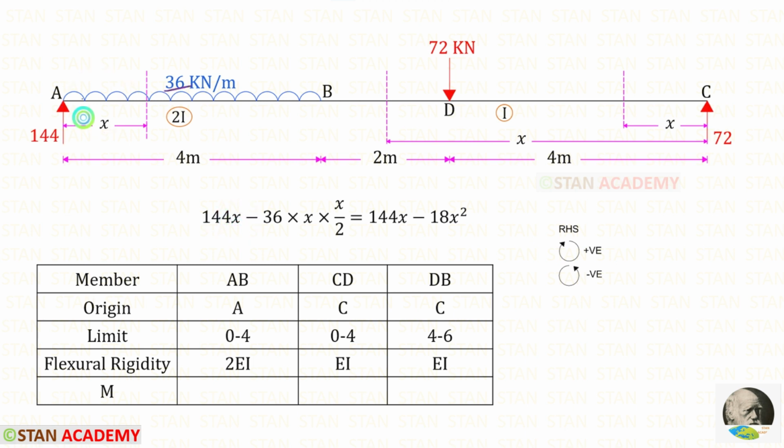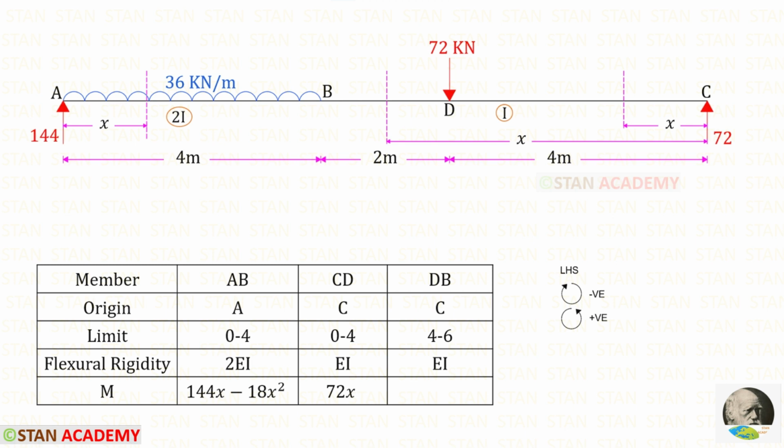The UDL is acting in the anti-clockwise direction, so it will be negative. We know that with the UDL, we have to multiply the distance and then the distance by 2. After simplifying this, we will get this. Let us enter this inside the table.